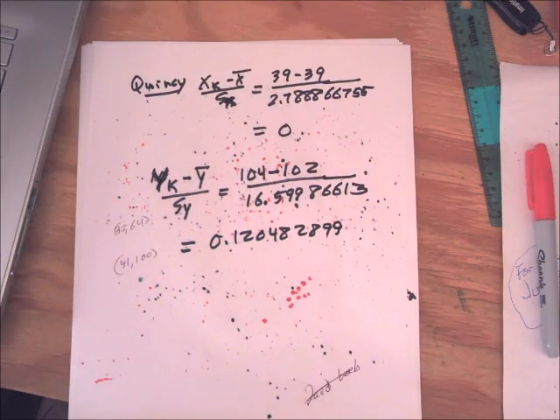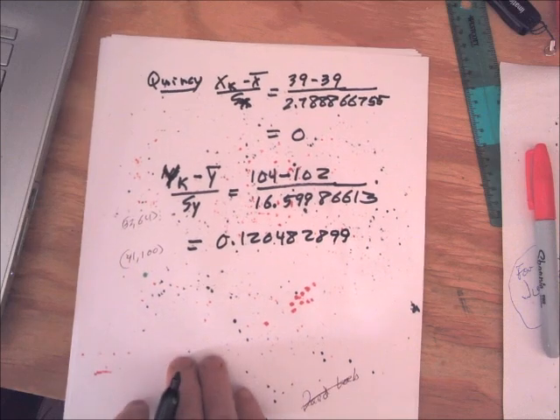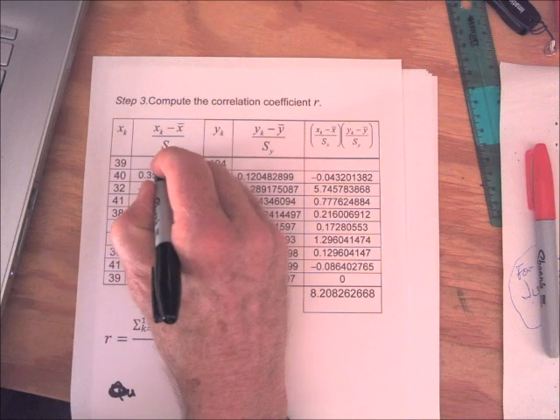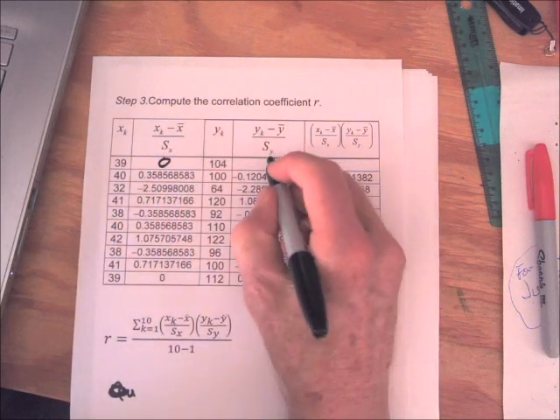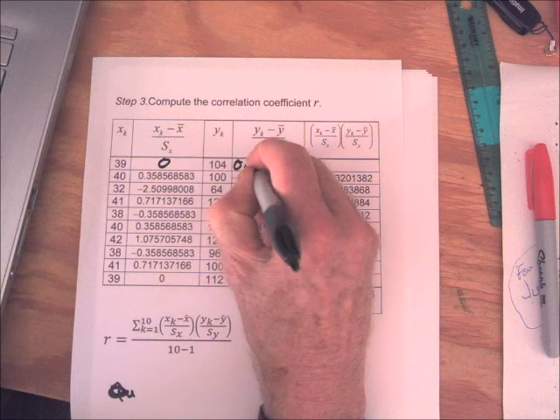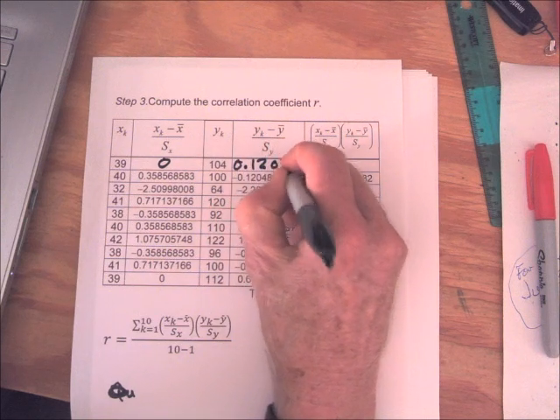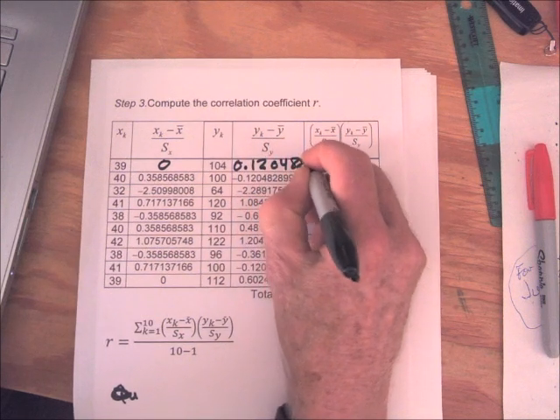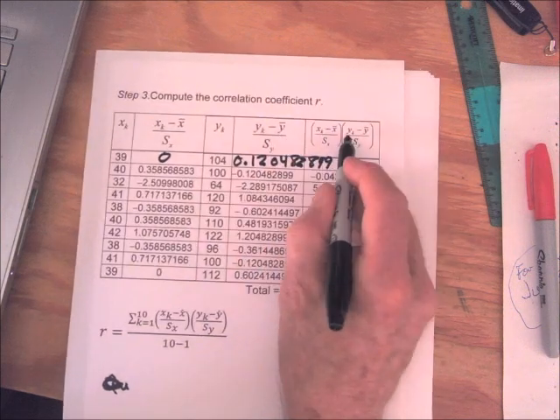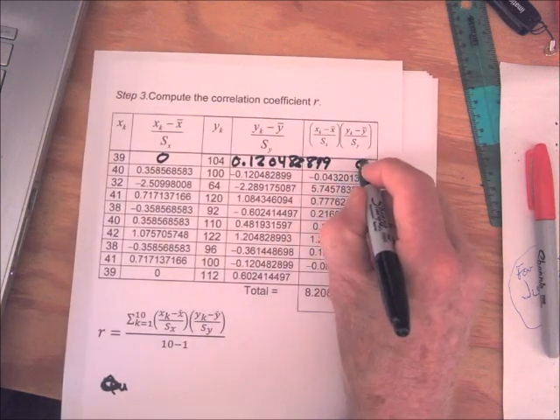Okay, so we can fill those in on the first row. For Quincy, the z-score for x was 0, and the z-score for y was 0.120482899, and if you multiply those two z-scores together, you get 0.